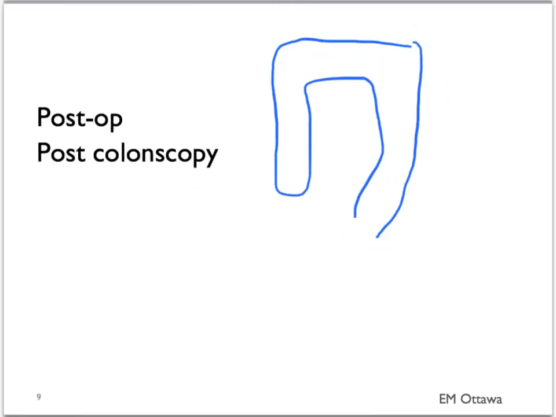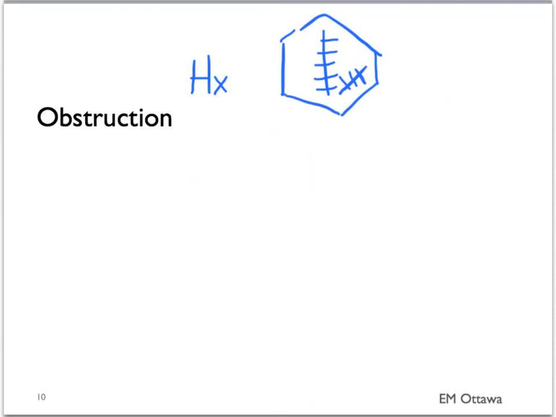For the patient who's post-op or post-colonoscopy, you really want to find out exactly what procedure was done. Lastly, what about patients who have an obstruction leading to a perforation? What history should we obtain? We want to find out if there have been any surgeries in the past, any bowel obstructions in the past.